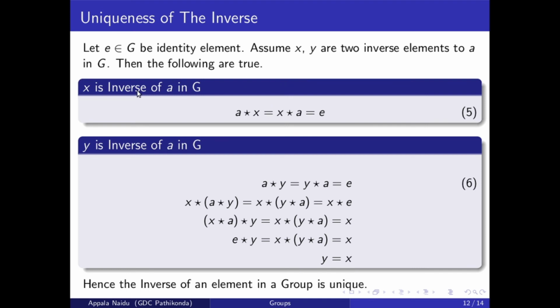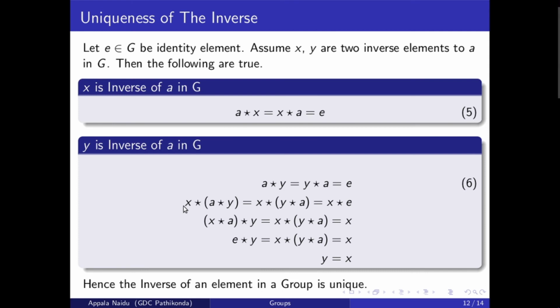Let us see. Since x is inverse of a in that group, a star x equal to x star a equal to e. e is identity in the group, which we already have seen is unique. Since y is also inverse, a star y equal to y star a equal to identity.